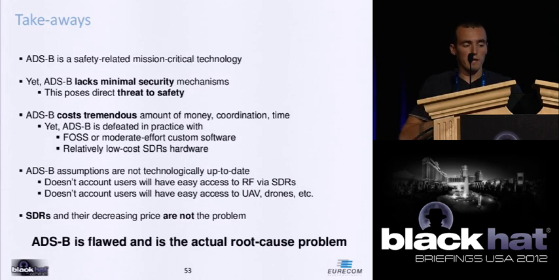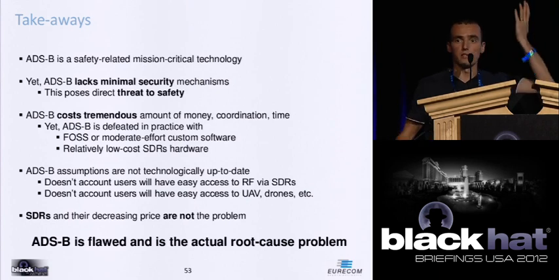So the takeaways are: ADS-B is a safety-related mission-critical technology, yet it lacks minimal security mechanisms, and this poses a direct threat to safety. Despite ADS-B's tremendous cost in development and implementation, it is easily defeated with under $2,000 US worth of equipment.